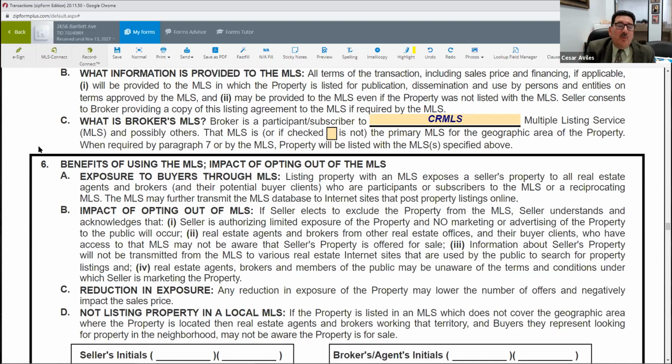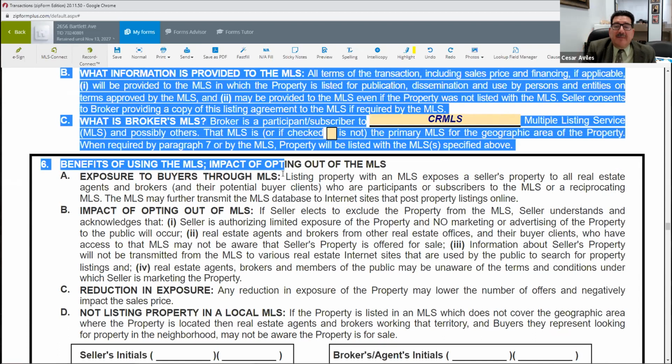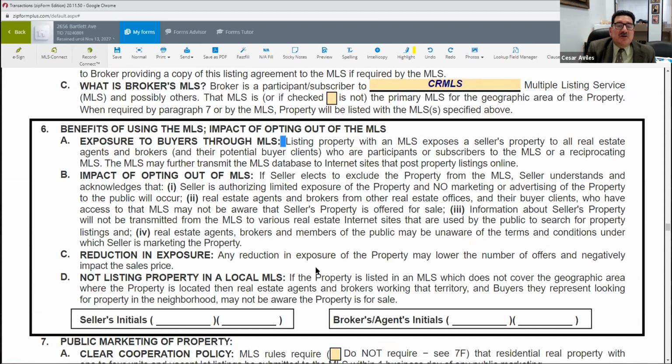And of course, because a lot of people want to use pocket listings, we are going to tell the sellers what the benefits of using the MLS are and what the impact is of keeping the property outside the MLS. This is to explain to consumers that their property is going to be exposed to more people.